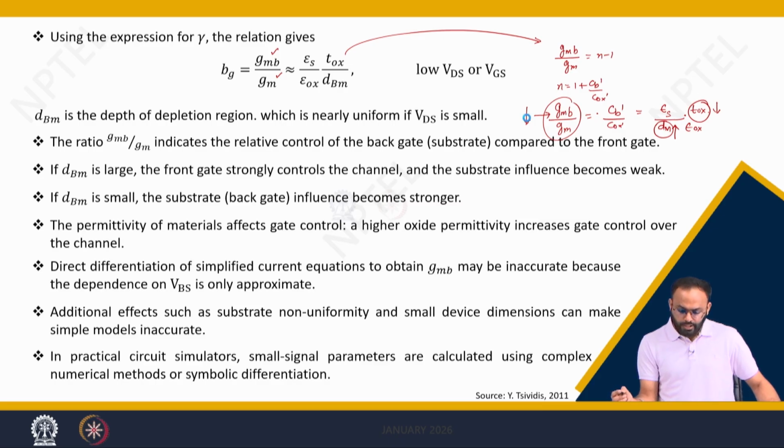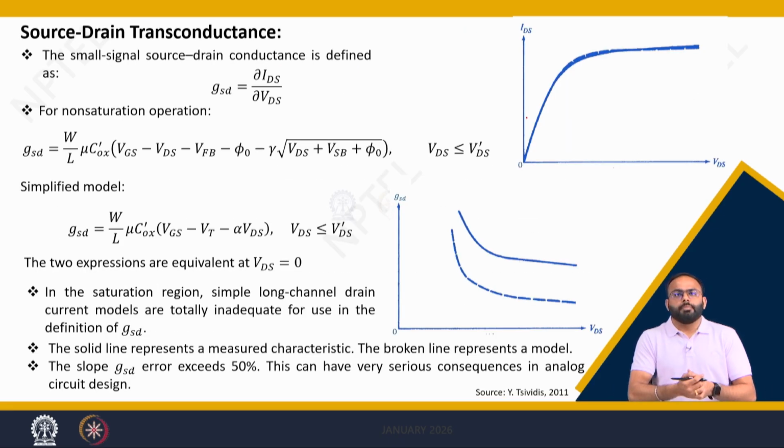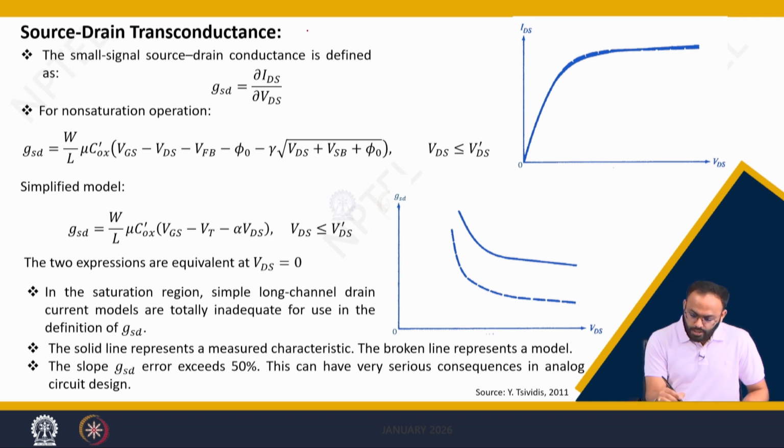Now, let us define another parameter, which is the source drain transconductance under strong inversion. The source drain transconductance can be defined as GSD is equal to del IDS divided by del VDS.